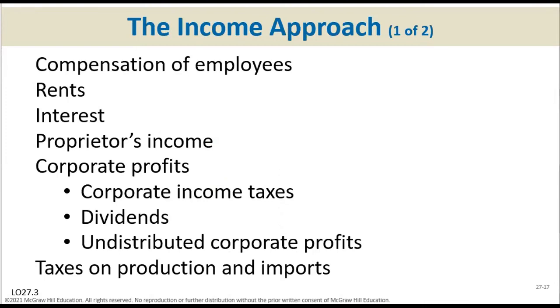The major component of that is the national income, which is made up of employee compensation, rent, proprietor income, corporate profit, and taxes on production and imports. The largest share is employee compensation, which includes wages and salaries paid by both businesses and government, as well as supplements, that is, your salary package, things like benefits paid by the employer on behalf of the employee.